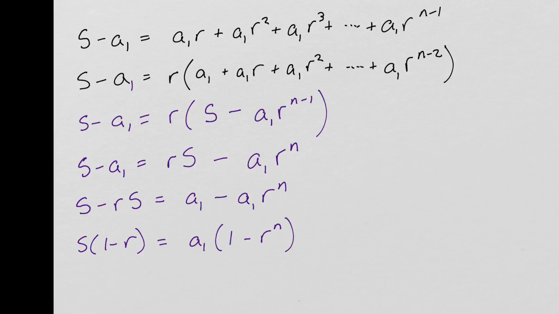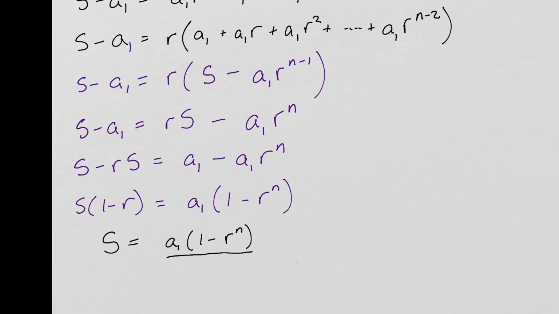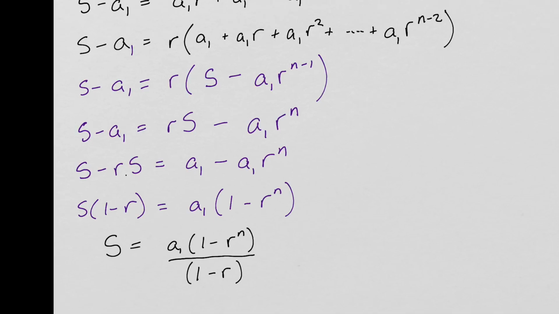And we're going to divide both sides by 1 minus R. And so we get S is equal to A1 times 1 minus R to the n, all divided by 1 minus R. It's a really surprising formula, I think. It doesn't feel intuitive at all, but it is a really useful thing.